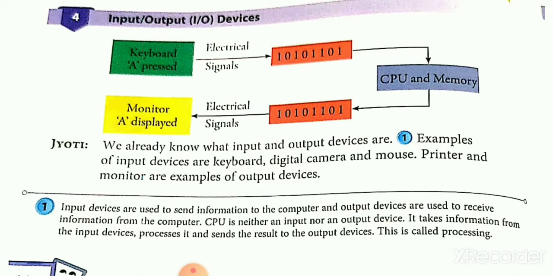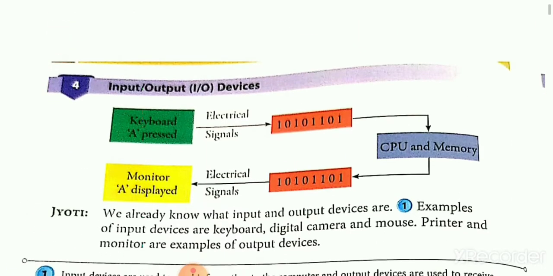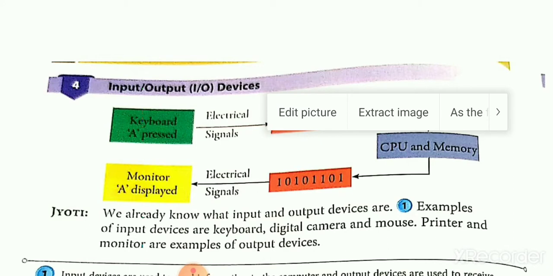The examples of input devices are keyboard, digital camera and mouse, and printer and monitor are examples of output devices. Input devices are used to send information to the computer, and output devices are used to receive information from the computer.